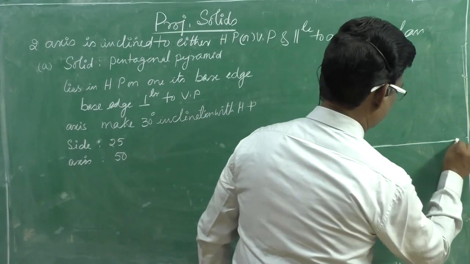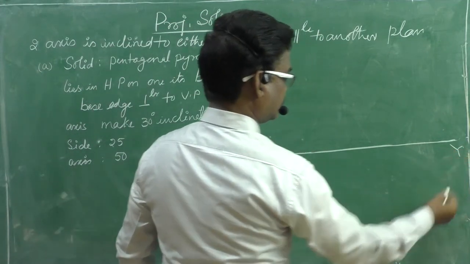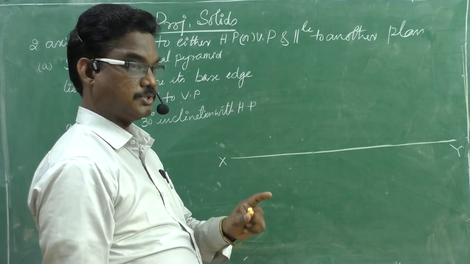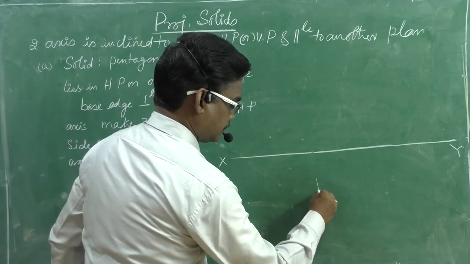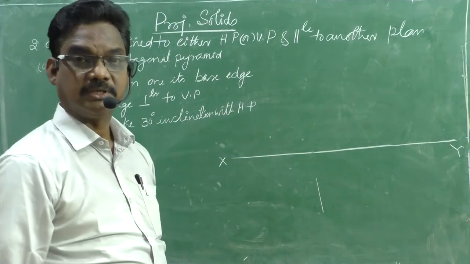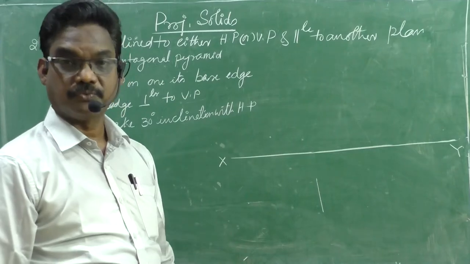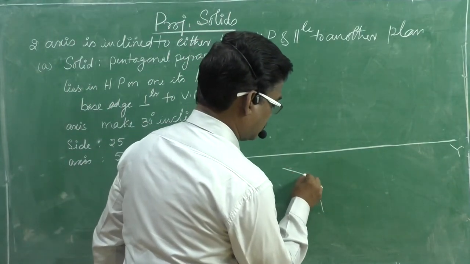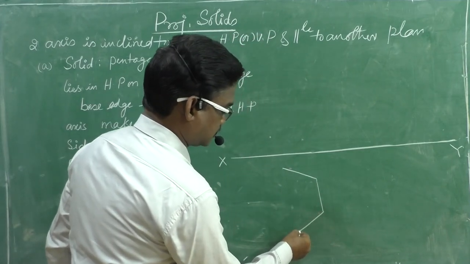See, this is the reference line XY. Now we already observed the position, and here this is the base side. It needs to be perpendicular to the reference line because this is perpendicular to VP. After that, 108 degrees and 108 degrees.